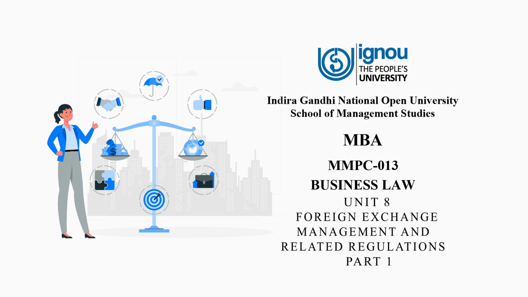The Act extends to the whole of India and also applies to all branches, offices and agencies outside India owned or controlled by a person resident in India and also to any contravention thereunder committed outside India by any person to whom this Act applies.